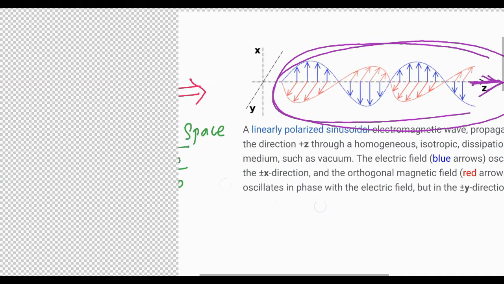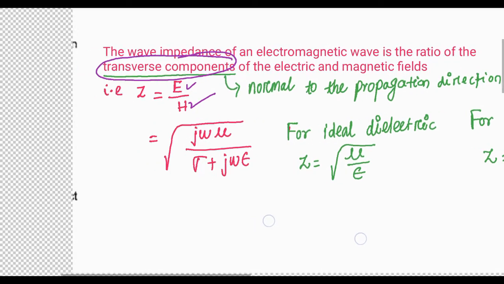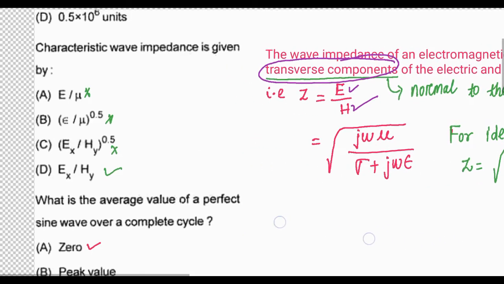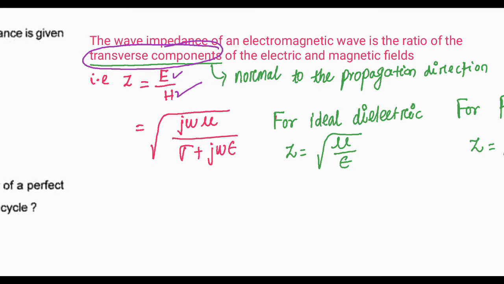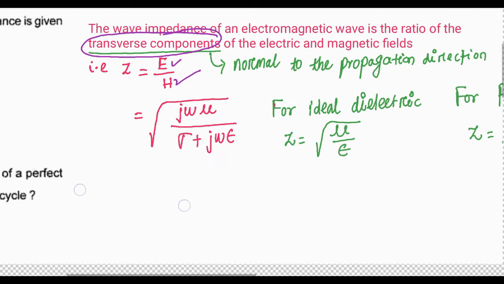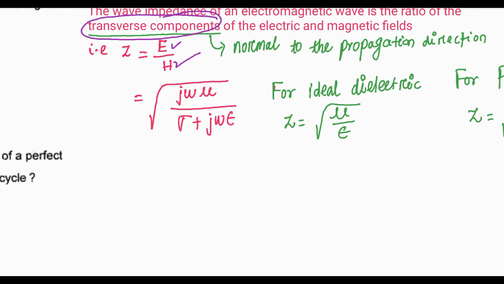So this question is asking for the characteristic impedance, and the characteristic impedance is given by the transverse component of the electric field divided by the transverse component of the magnetic field. This can be given as the square root of j omega mu by sigma plus j omega epsilon.